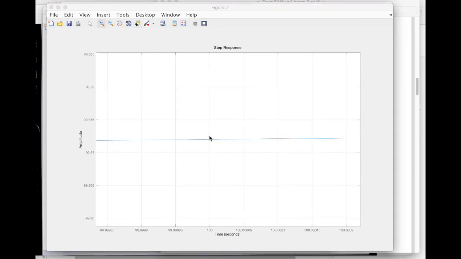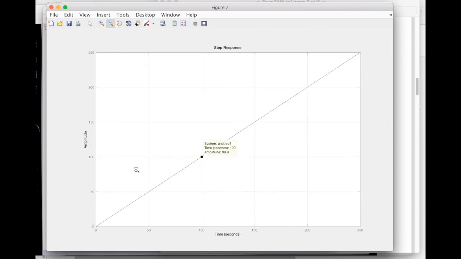This looks like it's about 99.872, which is exactly 100 minus 0.128. So in MATLAB, we've verified what the final value theorem tells us, that the steady state error to a unit ramp should be 0.128. Okay, so that's basically the end of this question.